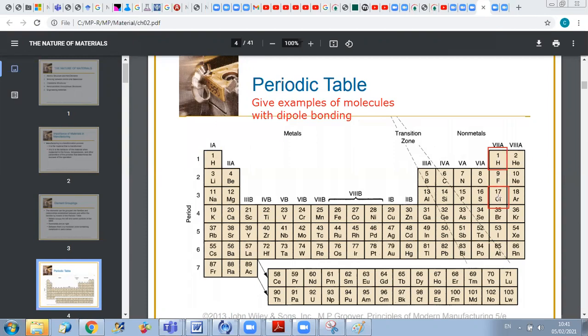So if you have an HCl molecule, or if I give you another example, any other atom in group 7. So if I take I, for example, or F, all are valid. If H with F, it will be hydrogen bond. If H with I, it will be dipole bonding.